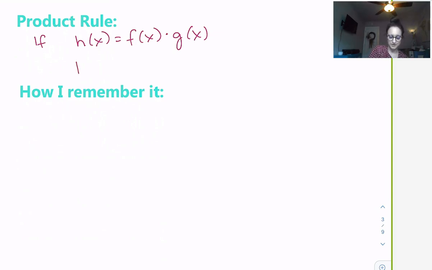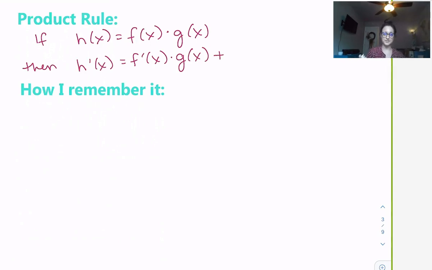Here is how I find h prime. I take the derivative of the first function, then times, and I hold the second function. Okay, then I plus. Now I do the opposite. I hold f of x and multiply it times what do you think? The derivative of g.